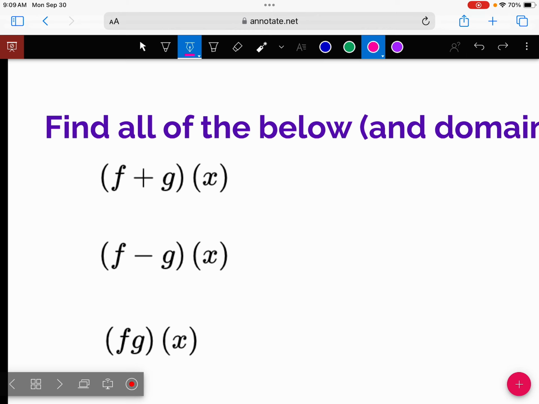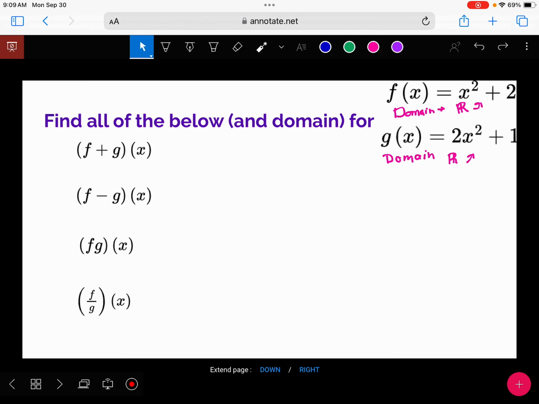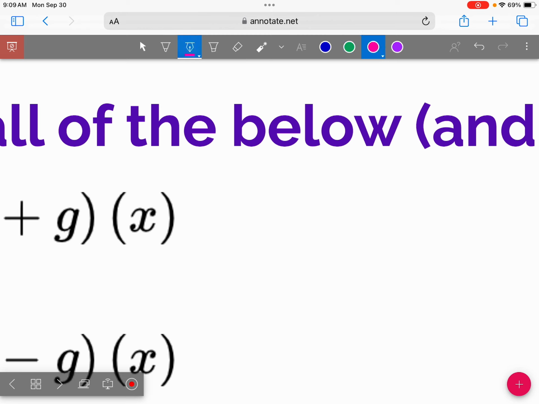So when we have f plus g, I'm going to mark my f as blue and my g as green. When we have something like f plus g of x, again, this means f of x plus g of x. So I can write that out. I know what f of x equals: x squared plus 2.